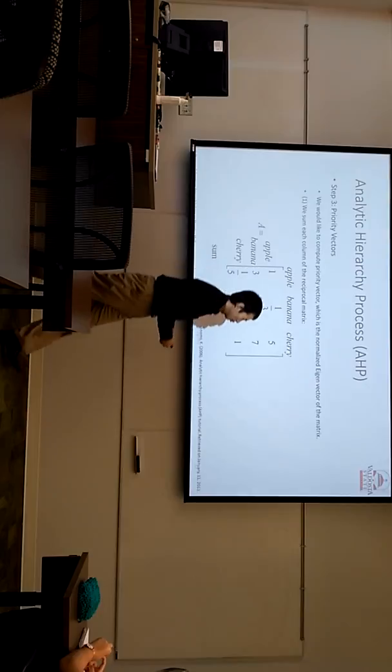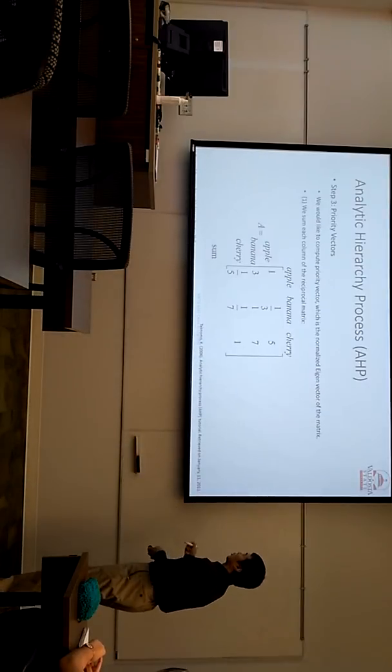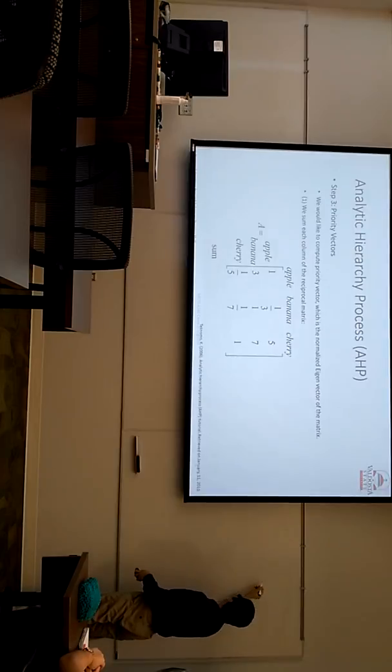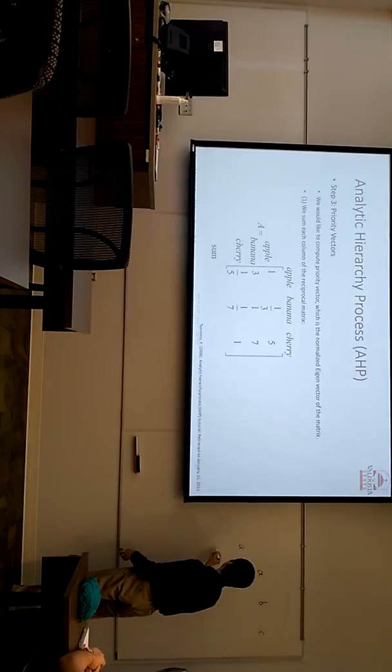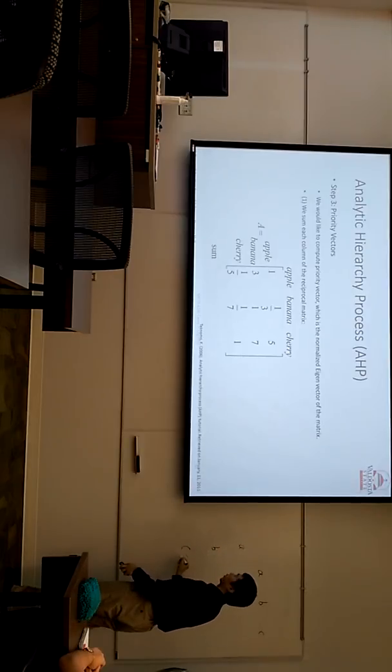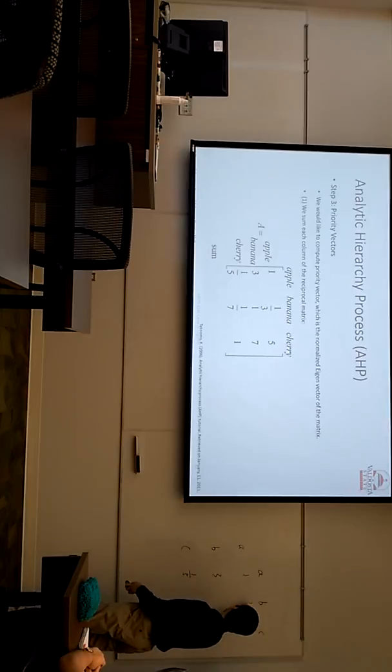If I put the values here, we have A, apple, banana, and cherry, and also apple, banana, and cherry. Let me put the values here. This is 1, this is 3, 1/5, 1/3, 1.